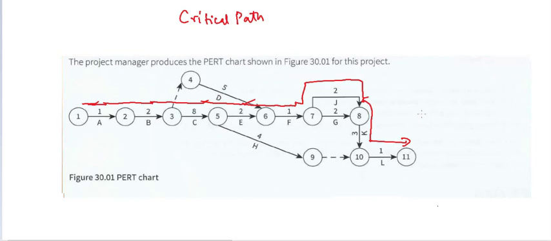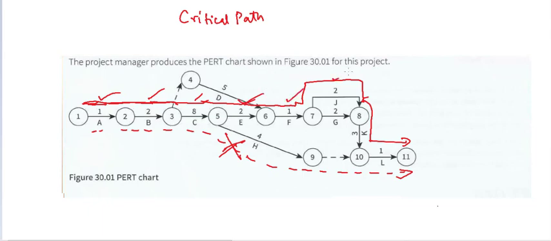So if we were to choose a shorter path, for example, something like this, then this would not be the critical path. The critical path is the path that takes the longest amount of time. 1 plus 2 plus 3, 8, 11, 2, 13, 14, 16, 19 and 20 weeks in all.